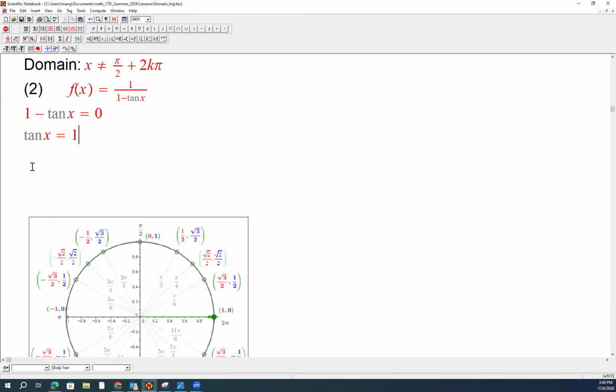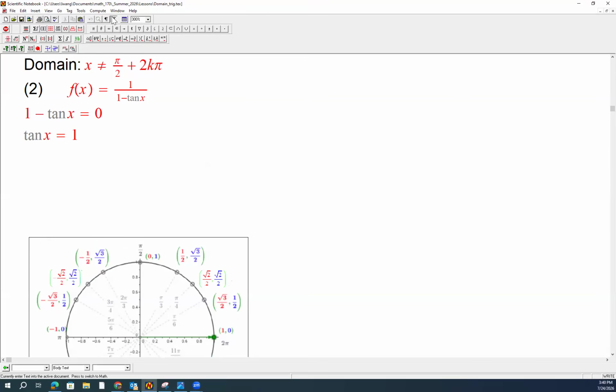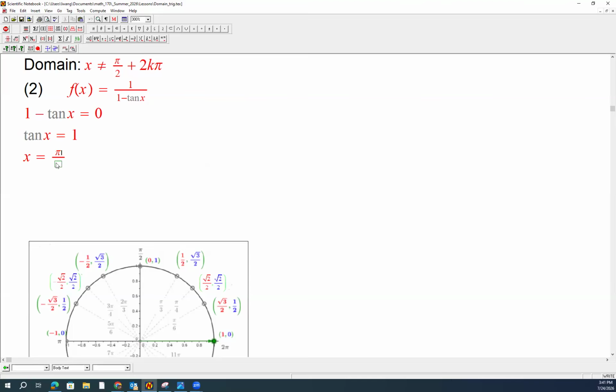So x would be pi over 4 plus k pi. That's k pi. This is associated with solving trig equations, and k will be an integer.